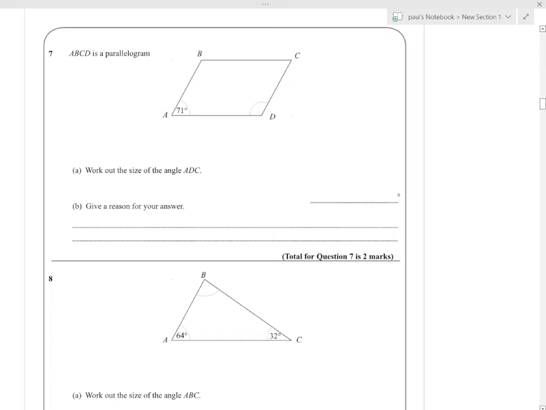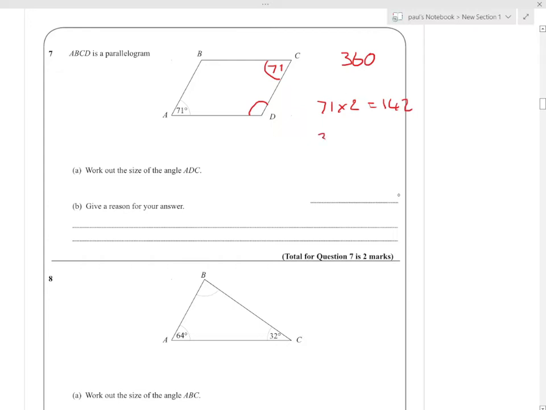Parallelogram. Work out the size of angle ADC. The D is where the corner is, so it's that one we've got to work out. Now, in a parallelogram, opposite corners are the same as each other, so that's 71. All the angles in a quadrilateral, a four-sided shape, add up to 360. So 71 and 71, 71 times 2 is 142.